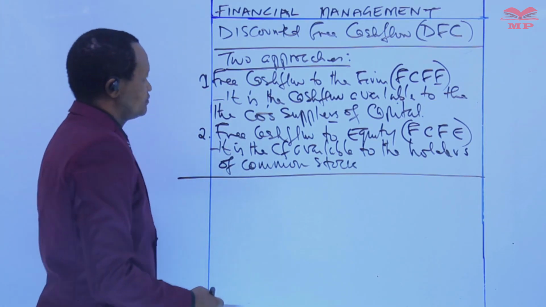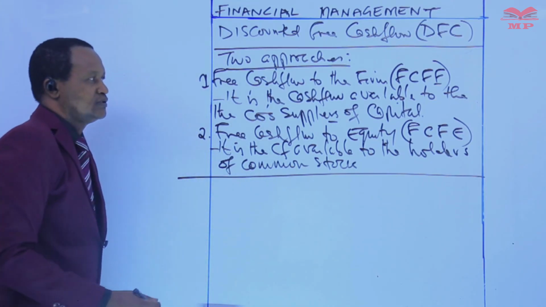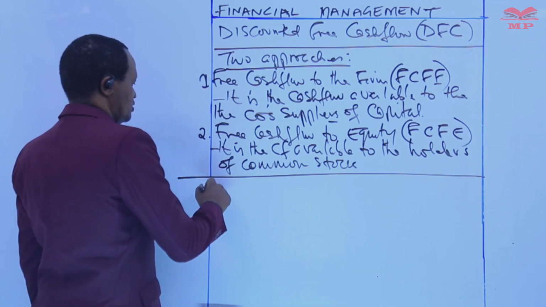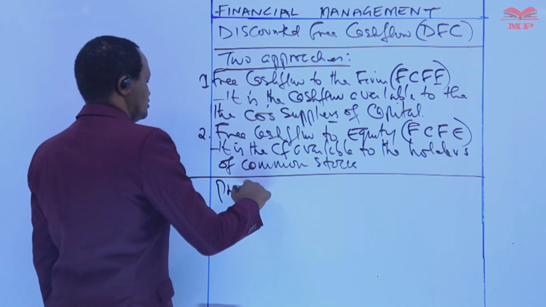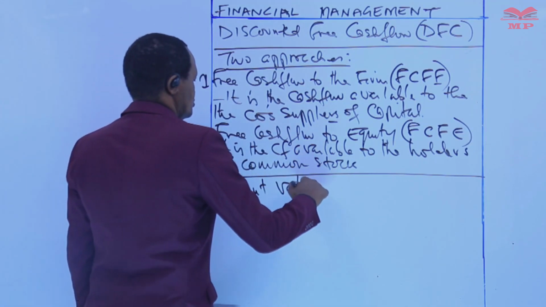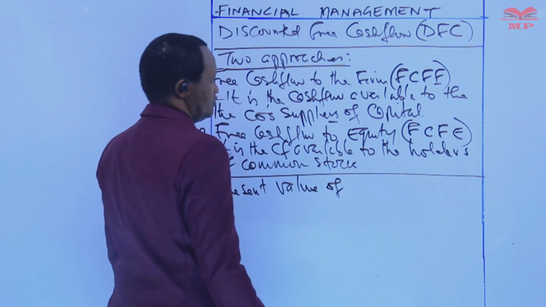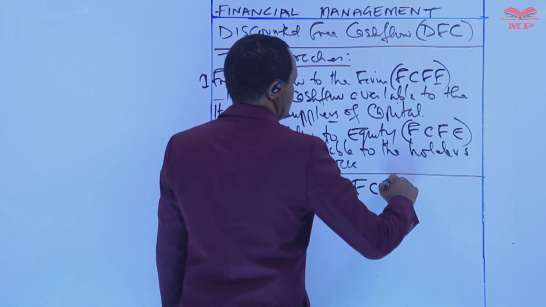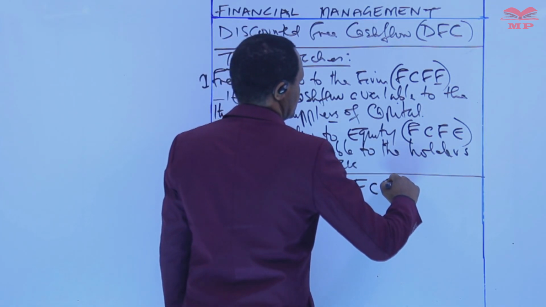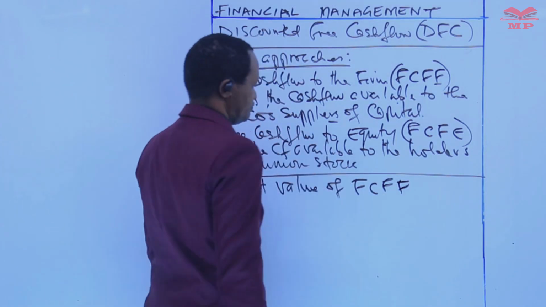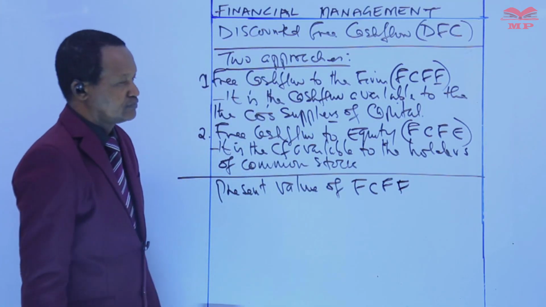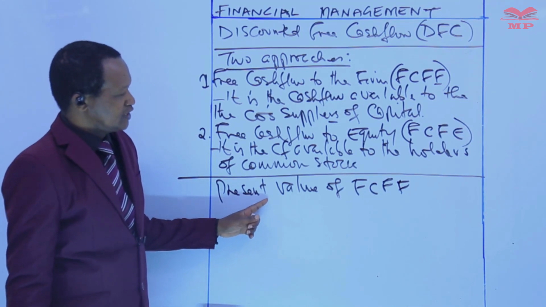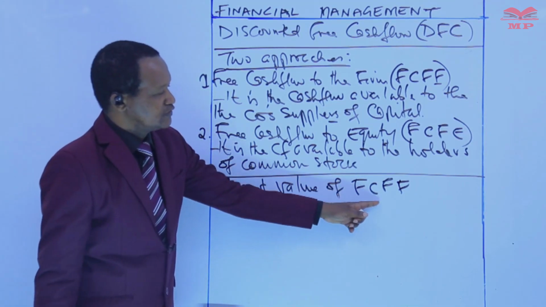So then, what is the present value of free cash flow to the firm? What is the present value of the free cash flow to the firm, the first one?